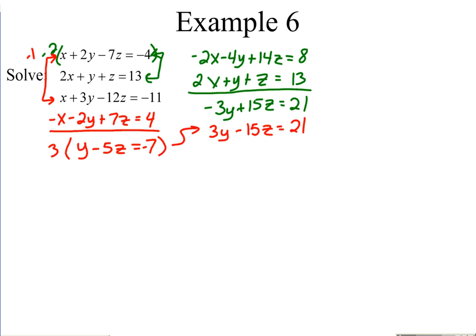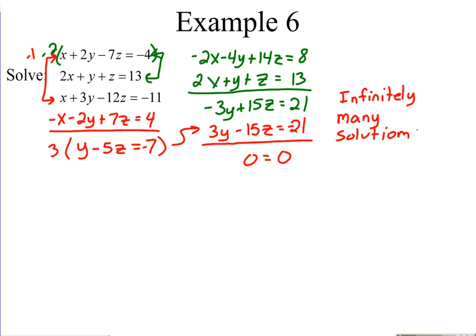Sorry, this should have been a negative 7 here, so this is a negative 21. Y's drop out, z's drop out, constant drops out. We're left with 0 equals 0. So right away, without going any further, we know this system has infinitely many solutions.